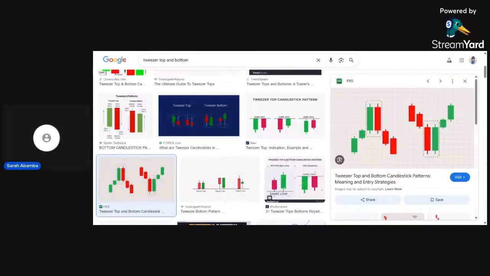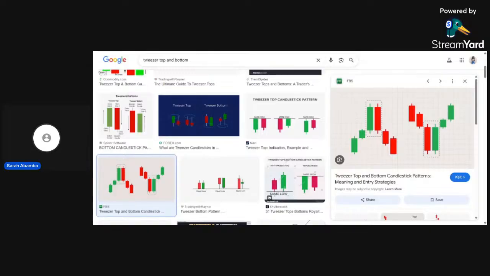Market starts going up. So remember the conditions remain the same. It must be formed as a support for a bullish tweezer and it must be formed as a resistance for a bearish tweezer. Hope this is clear enough so that we don't get jumping in and out of trades just because we see tweezers and the conditions were not properly fixed.